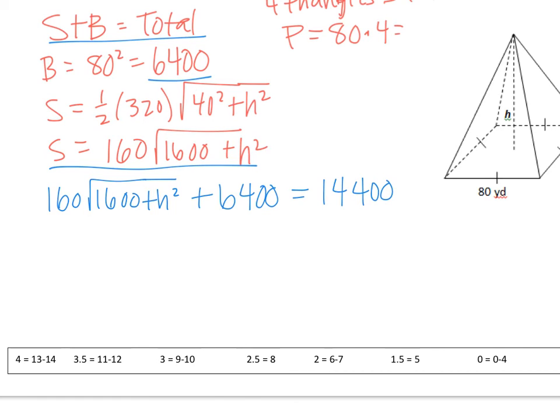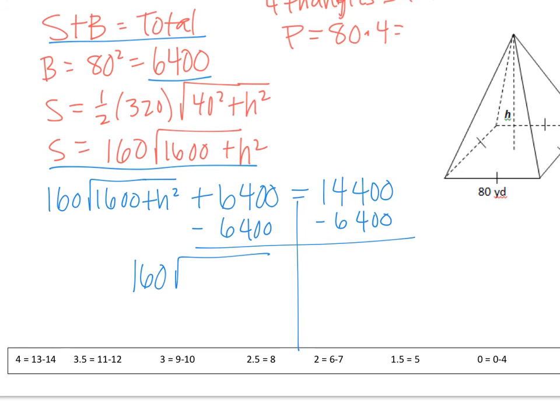So first thing I'm going to do is subtract this off. So then we've got our 160 and the square root. So 14,400 minus 6,400. We've got 8,000. Divide out the 160. We get 50.